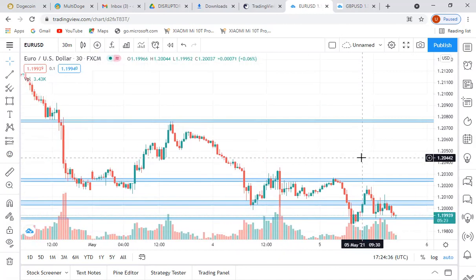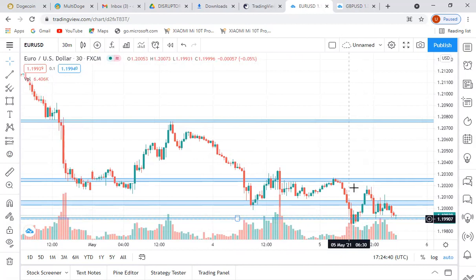What else can we do? Okay, this is resistance, major resistance one for now on our 30 minutes. I mean, sorry, this is our support zone one and our major support zone two, major for now based on the time frame we're using.